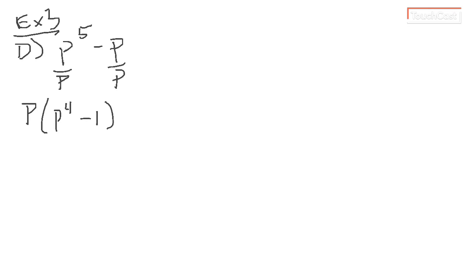Now we look at step 2 in our factoring steps, and we ask ourselves, do we have a difference of squares? Is there something where we can write it as a squared minus b squared? In this case, I see that we can, because p to the 4th is the same as p squared squared. 1 is the same as 1 squared.